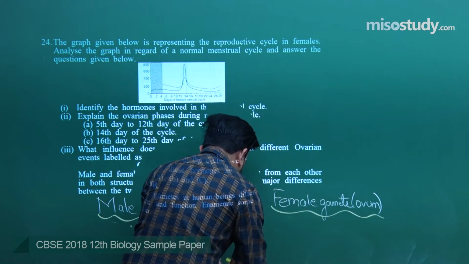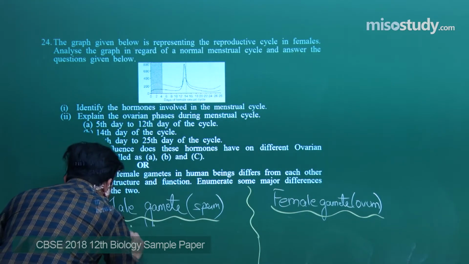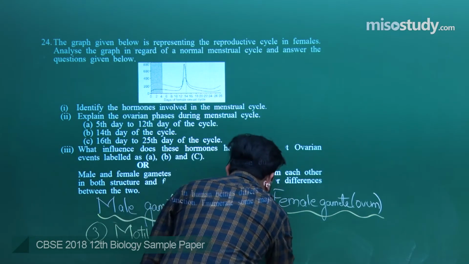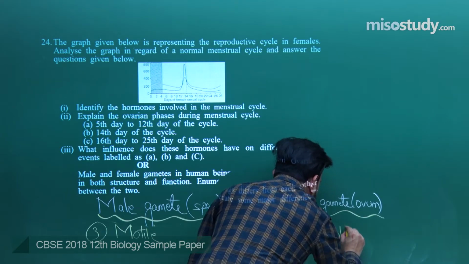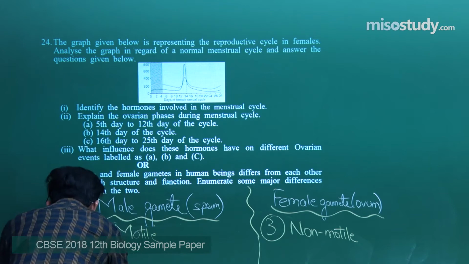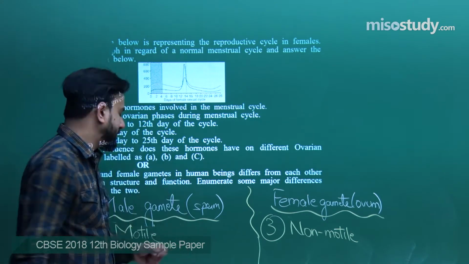So only two I have to write at one go. So the third one I'll write here, this is motile and this is non-motile. That is, can move, and this one cannot move. The ovum cannot move.